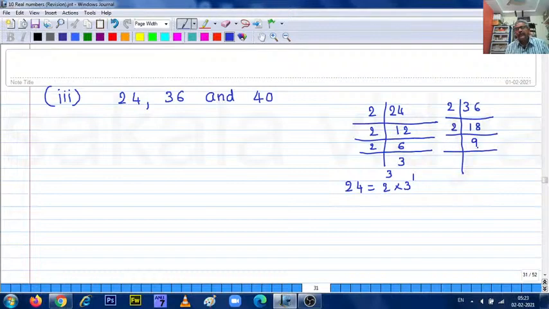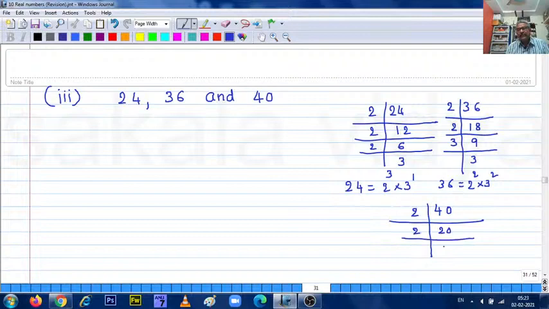Now 9 cannot be divisible by 2. Try with 3. 3 3s. So 36 equals 2 square into 3 square. Next 40. Prime factors of 40. 2 20s. Next 2 10s. Next 2 5s. So 40 is equal to 2 cube into 5 power 1.